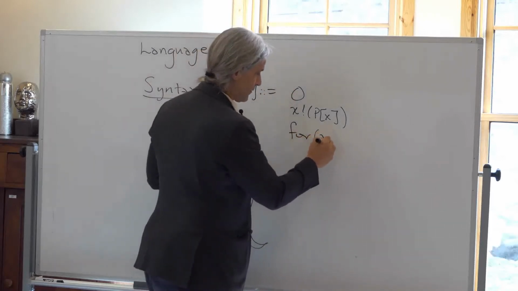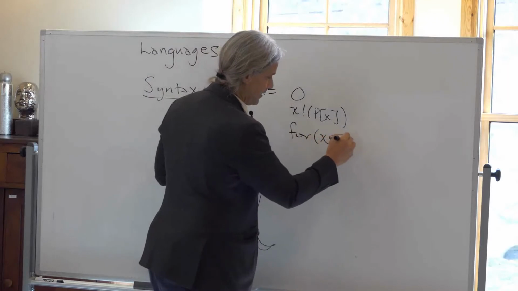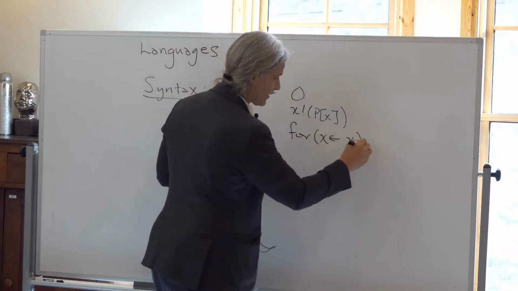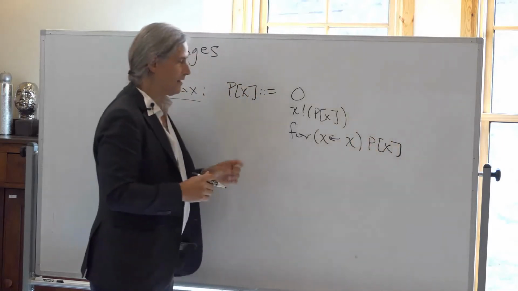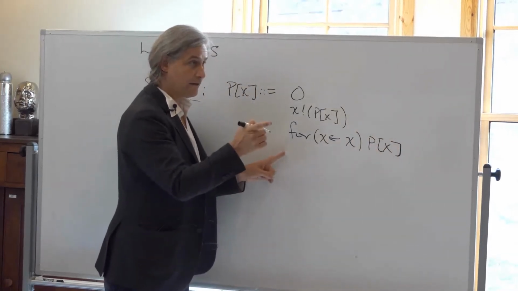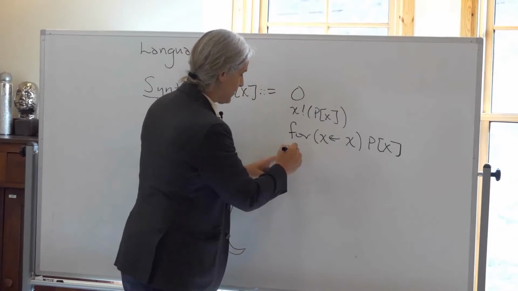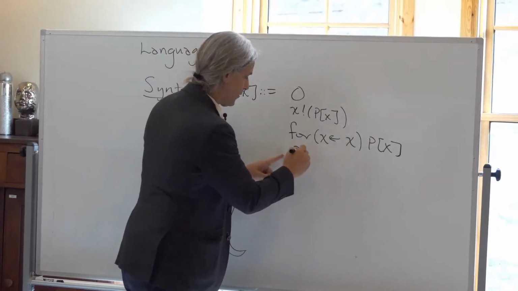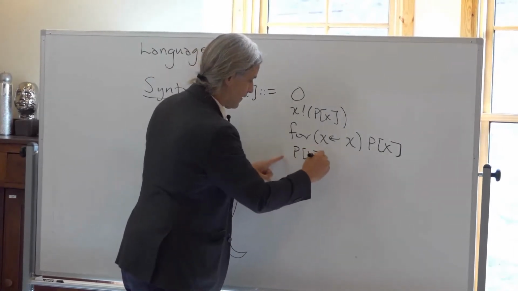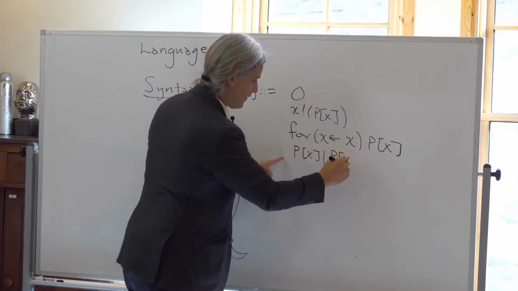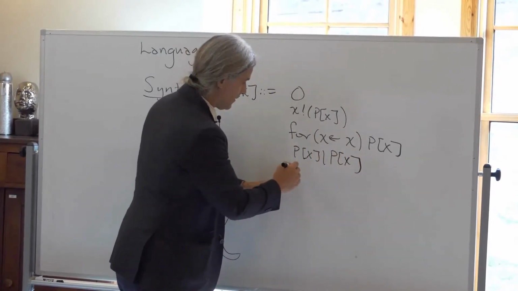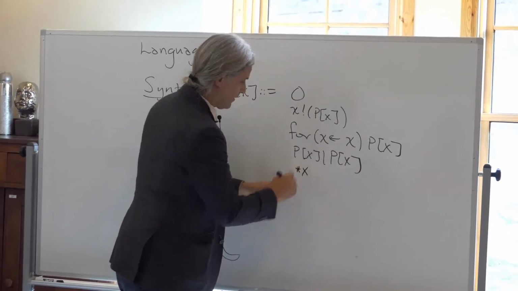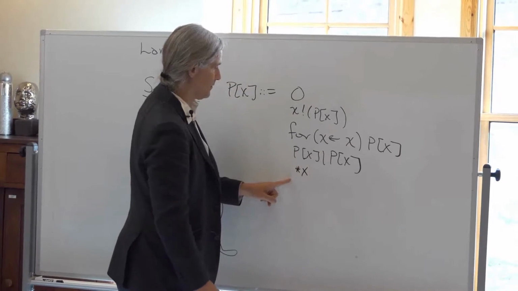So I have something over here that's an X, and I have something here that's an X, and then I get a P of X, and then now we can do your par. And then I can do a star X. Have I got them all?